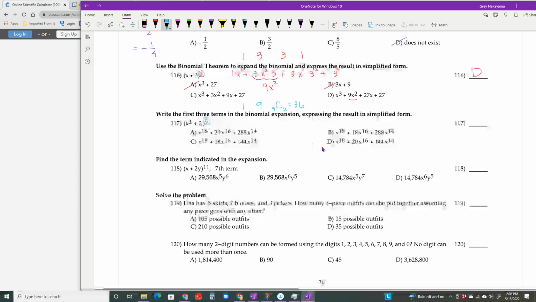Similar to what I did up there, I'm going to have 1 times x squared to the 9th plus 9 times x squared to the 8th, and then 2 to the 1st plus 36. So all terms have x to the 18th first, but this term is 9 times 2, which is 18.